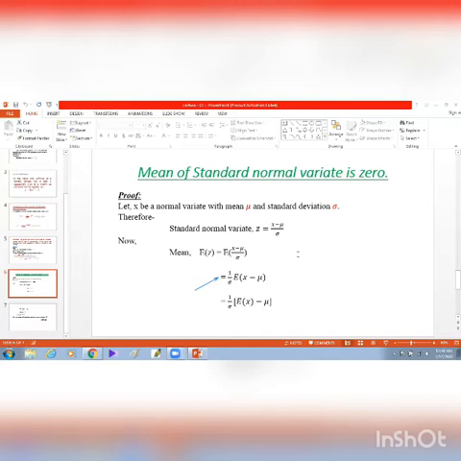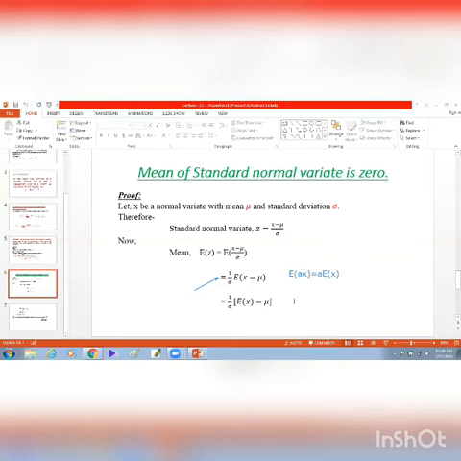Sorry, there is a property which is expectation of ax equals a expectation of x. According to this formula, we can write that expectation of x minus mu divided by sigma equals 1 divided by sigma times expectation of x minus mu.